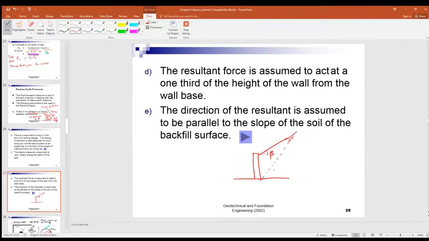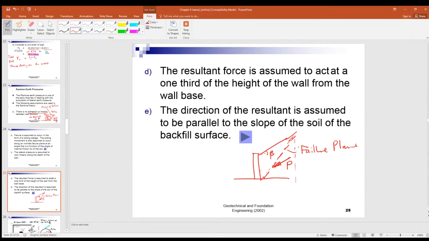So if that is the failure plane, it means that the resultant force, the P, is parallel to the sloping surface.